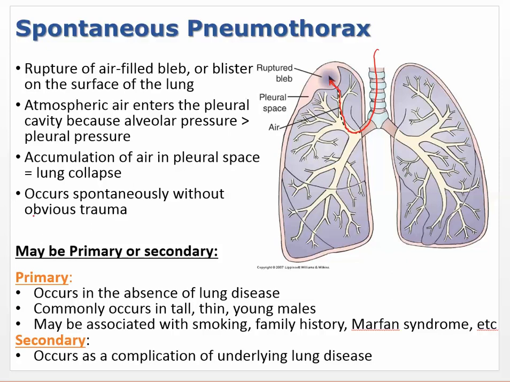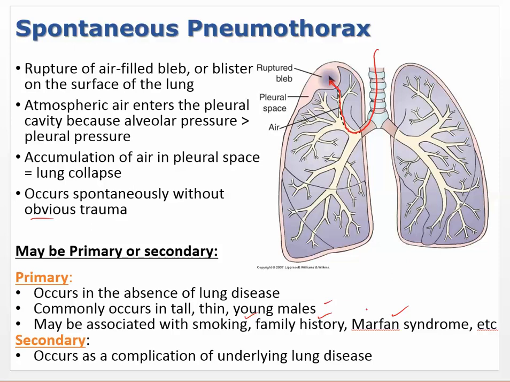We put the word obvious trauma in, which means you didn't get stabbed with a, you know, whatever. So maybe primary or secondary. How would this happen in a primary sense? I don't really know why it happens. It commonly occurs in tall, thin, young males. It may be associated with smoking, maybe a family history, maybe something called Marfan syndrome, which I believe involves fibrotic tissue, maybe collagen, I think it is, but Marfan syndrome is where you can't form fibrous material, and so you have weaker membranes.